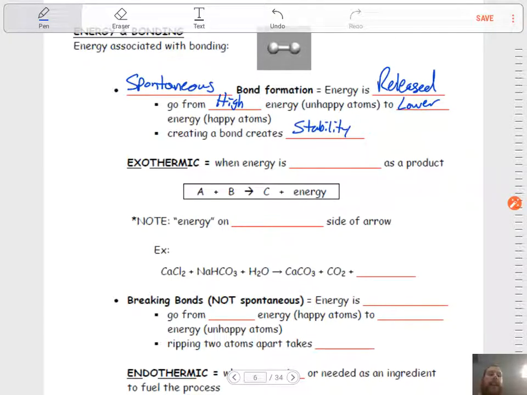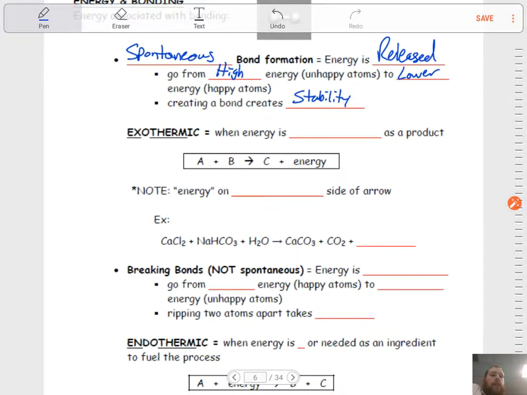Okay, so not a lot of chaos. So you got kind of two types of reactions that we can talk about, and we'll talk more about those in the next unit when we do reactions. Exothermic is when energy is released. It's released as a product. So you can see it's over here on the right side of the arrow.